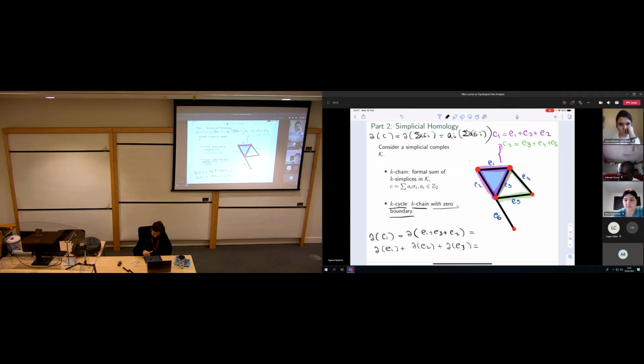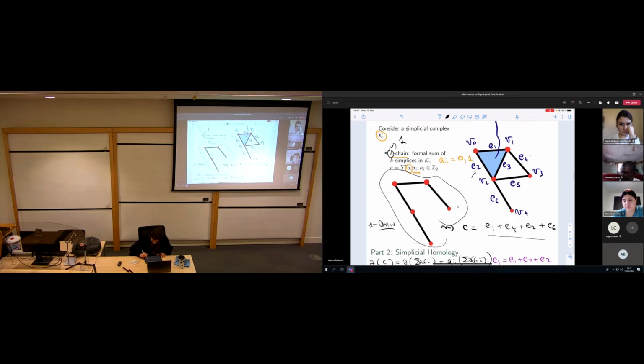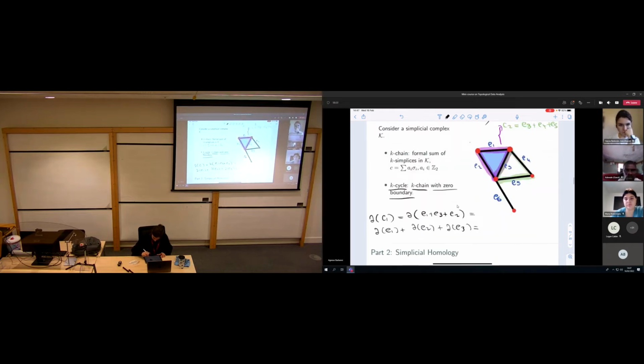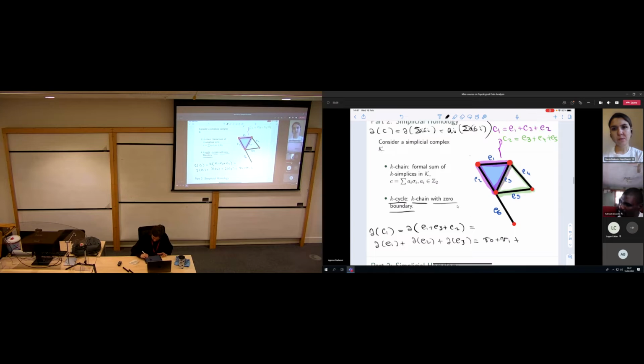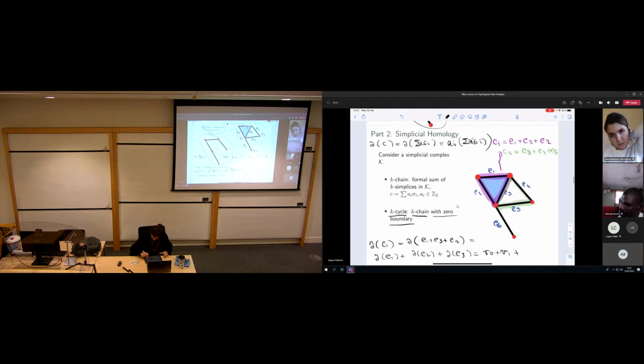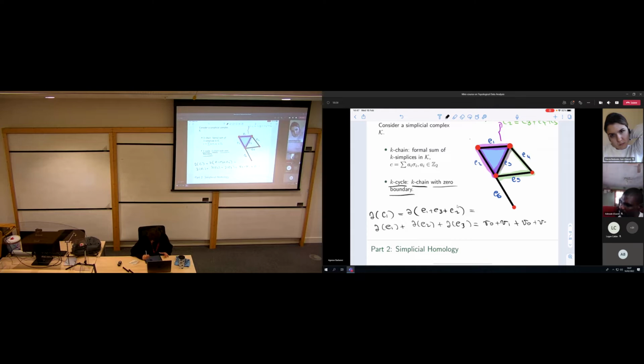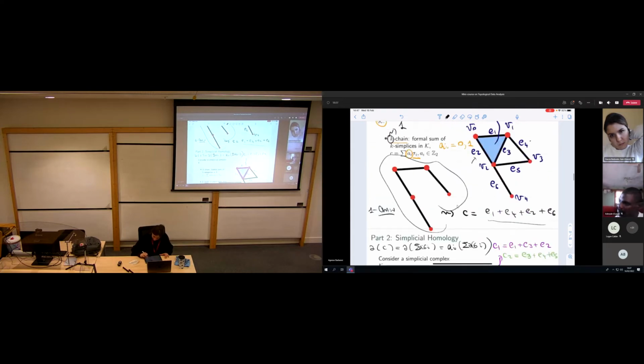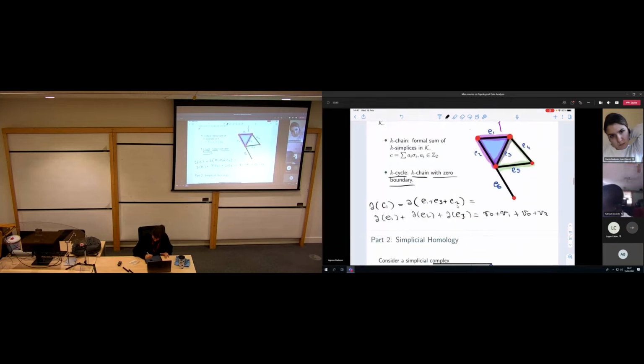And this is equal, now of course I cancel the names of the vertices, the boundary of E1 is V0 plus V1. The boundary of E2 is V0 plus V2. And the boundary of E3 is V2 plus V1. So I have 2V0 plus 2V1 plus 2V2, and so this is 0, because they all cancel.